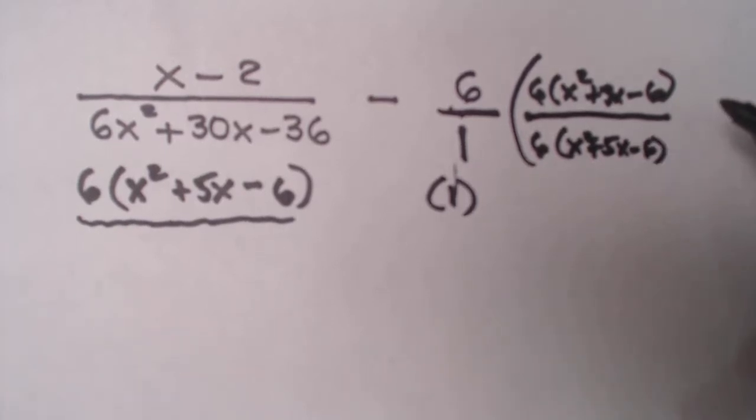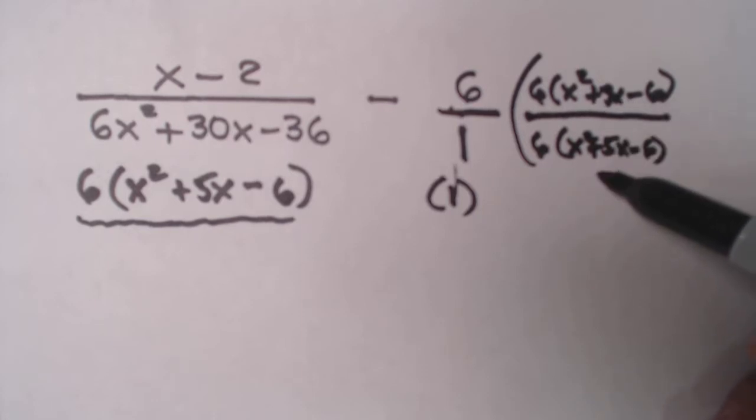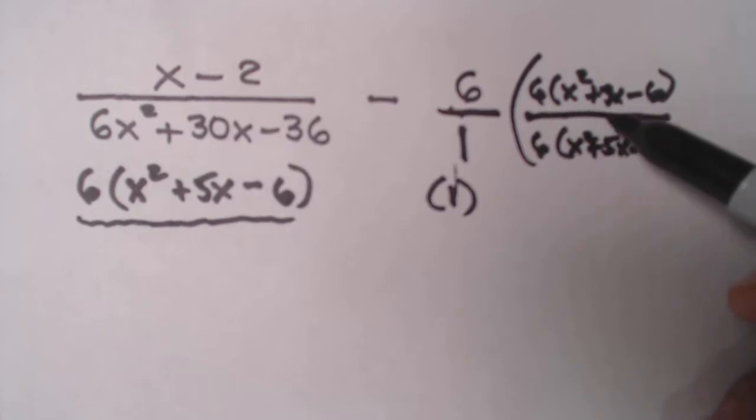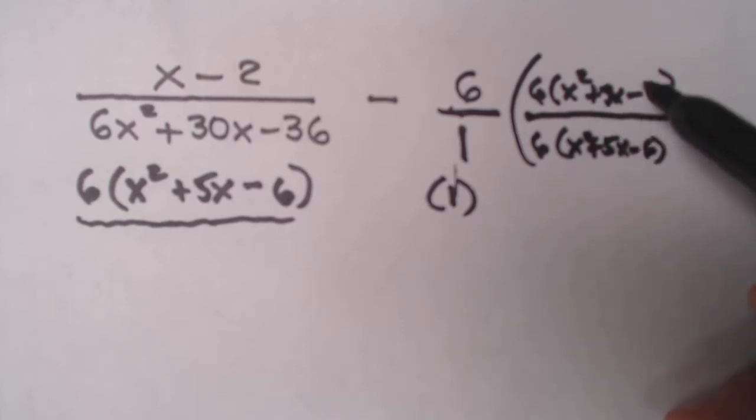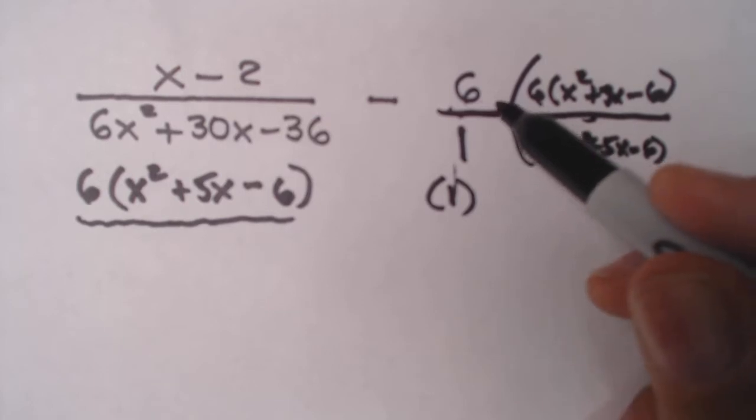Now notice again, numerator and denominator are the same here. So that means this fraction, although it looks real crazy, is really just equal to 1. And anytime we multiply somebody by 1, we're not going to change its value.